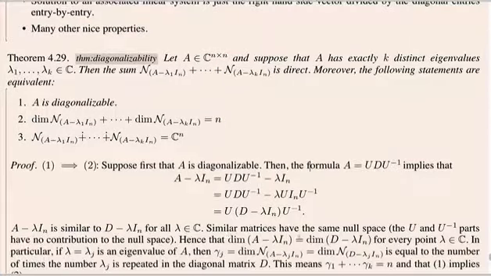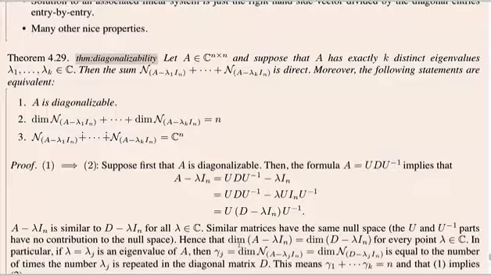Then we know that similar matrices have the same null space because the U and U inverse parts have no contribution to the null space, since if U is invertible, its null space is only the 0, and the 0 is always there in the null space anyway.